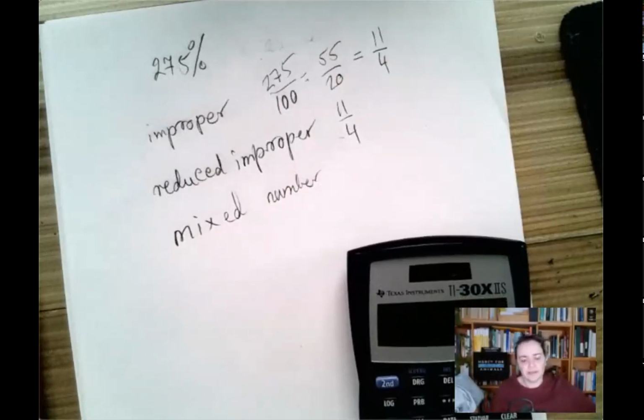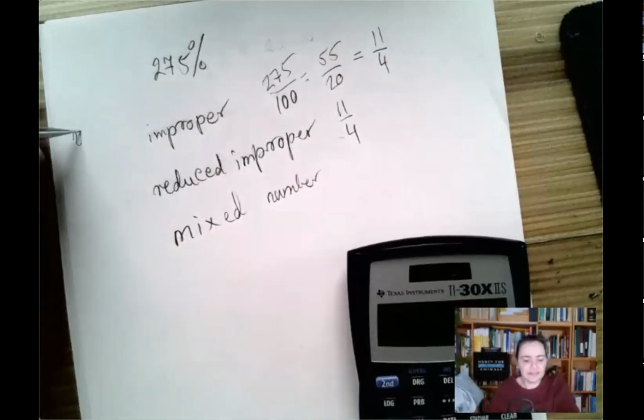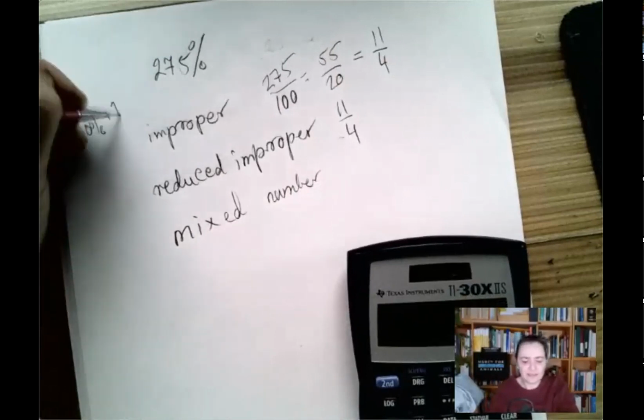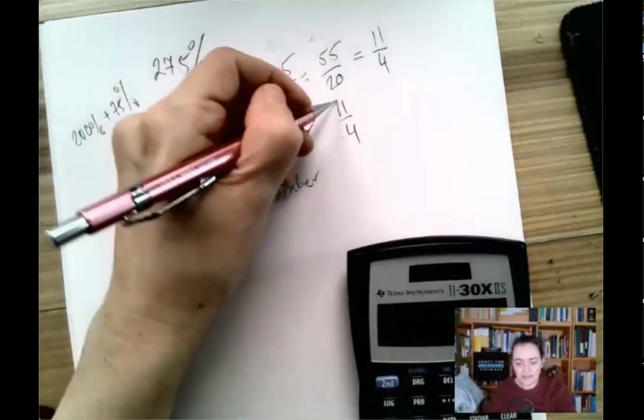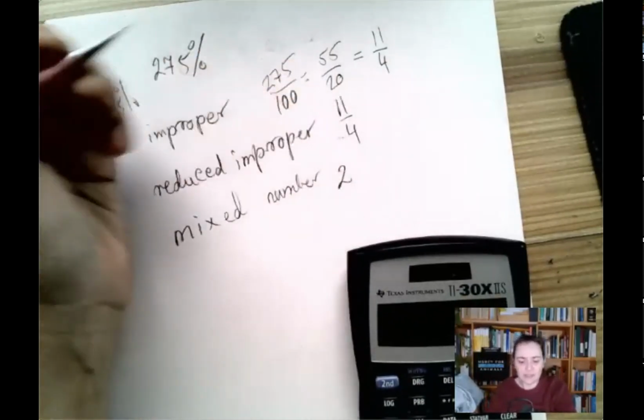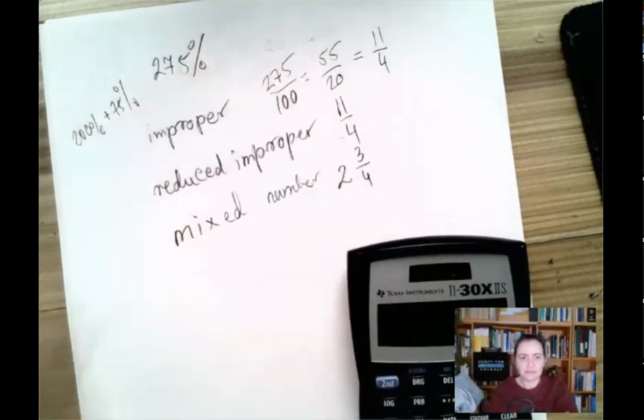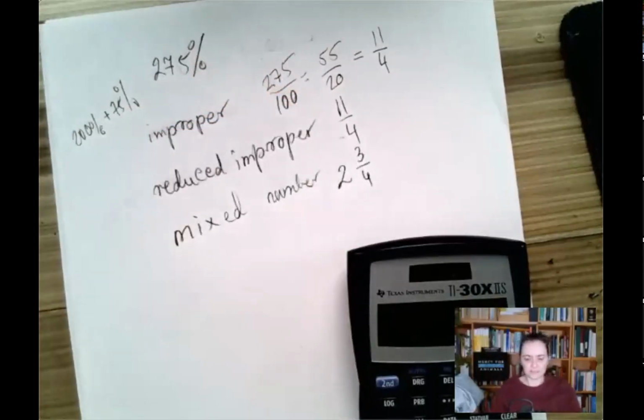Yep. I guess we can say that's 200%, which is the 2 plus 75%, which is 3/4. But yeah, 11 divided by 4 is 2 with a remainder of 3. Excellent. Good job. One of you already knew this or learned it now.